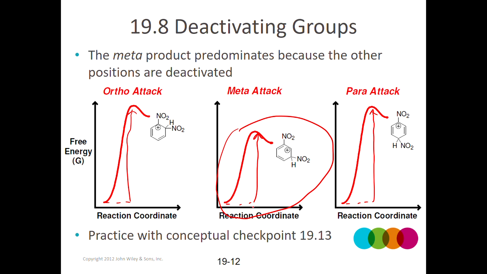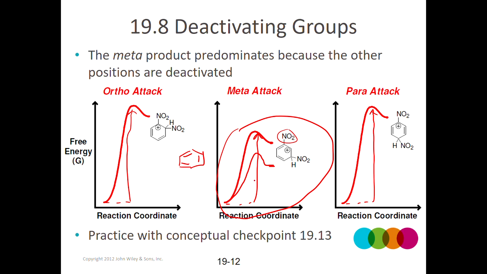But when we say it's deactivated overall, what that means is if the nitro group weren't there at all, and we just had benzene, and we wanted to react benzene through this nitration reaction, it would go through a lower energy transition state and intermediate than the molecule that already has one nitro group attached.